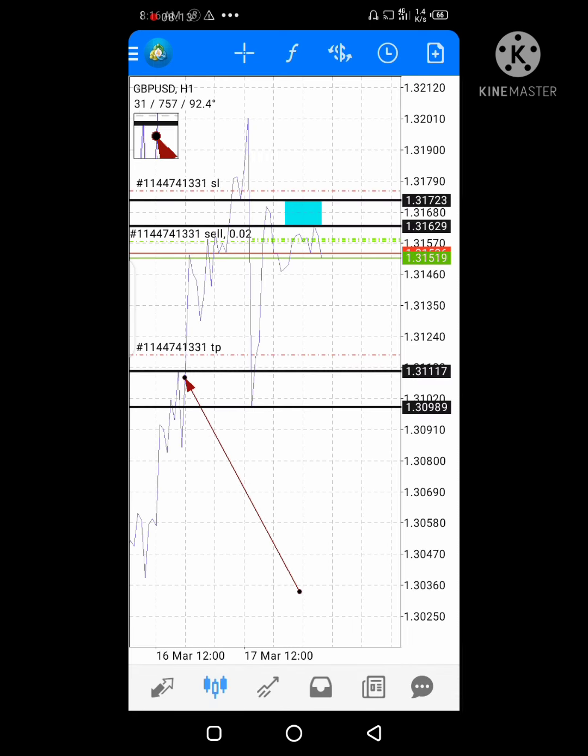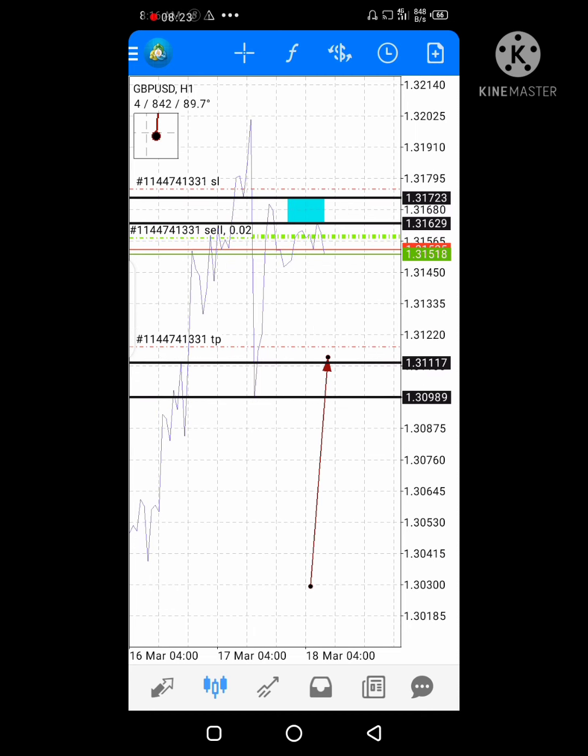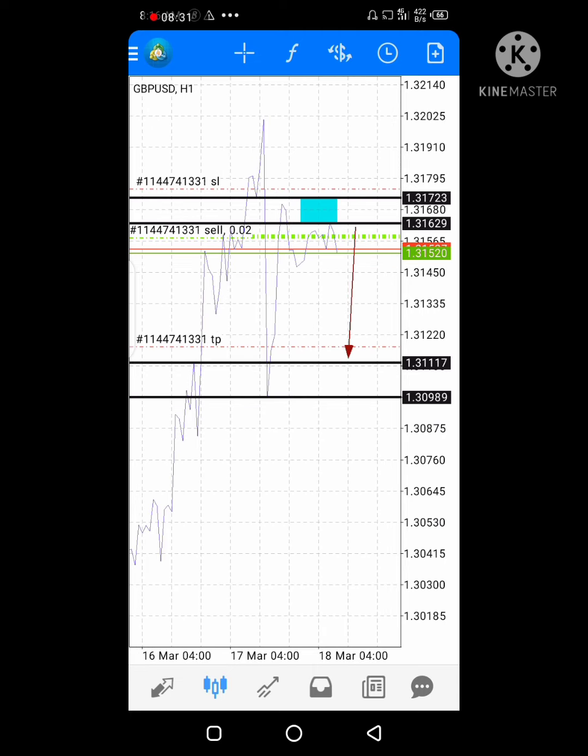So we expect price to move down from that point to here, which is a whole lot of pips, 40 pips or so, to here. And when price gets to this place, we're expecting a push up.